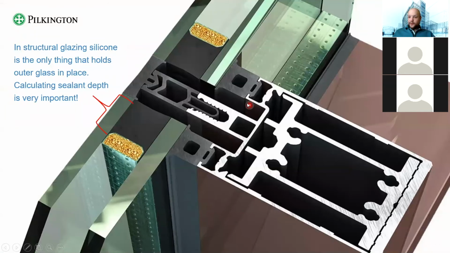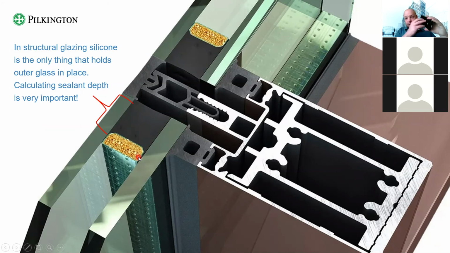And if we started to talk about the secondary sealant depth, let's move on to structural glazing. As you can see on this picture, the outer glass here is basically held only with silicone, only with the secondary sealant.